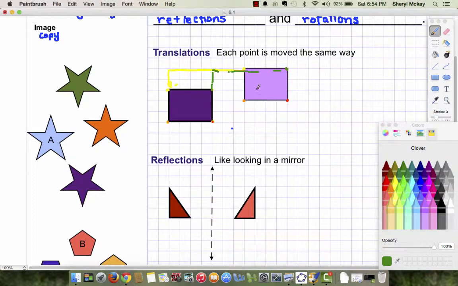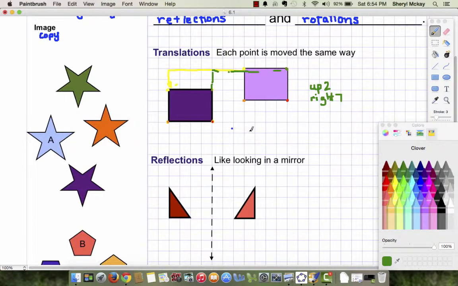So basically we've picked up our image, we've shifted it up, and then we've shifted it over. So we've gone up 2 and to the right 7. Okay? Or we could say we go to the right 7 and up 2.